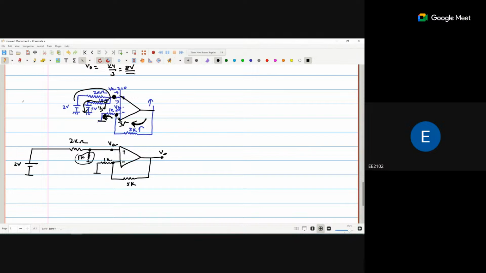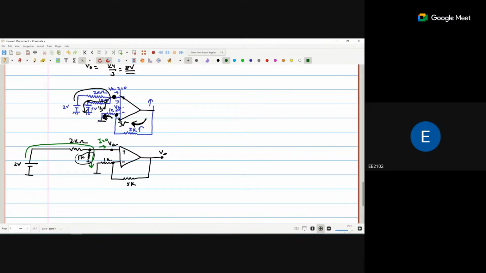The current will pass from 2 volts through 2 kilo ohm to 1 kilo ohm. This is the direction of current. No current will go into the operational amplifier, because the input current of the operational amplifier is 0.